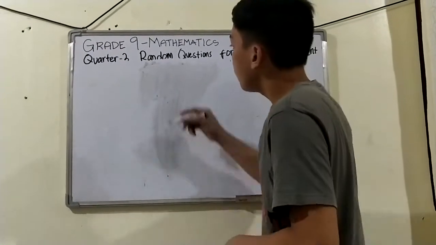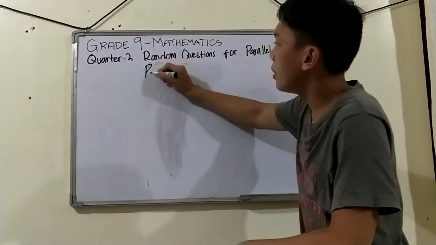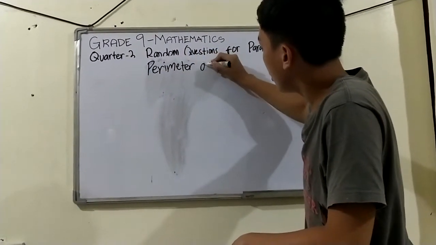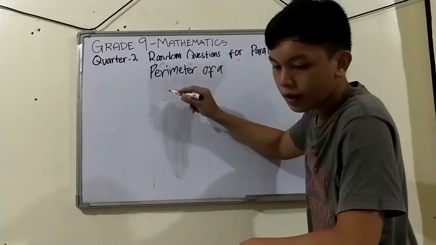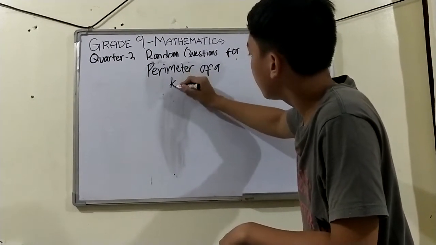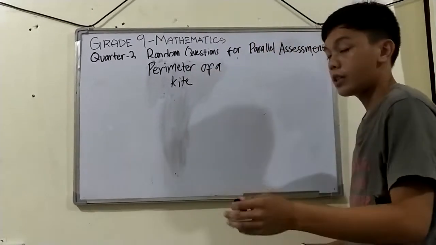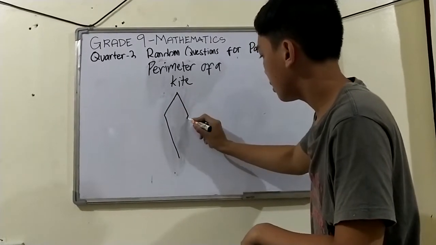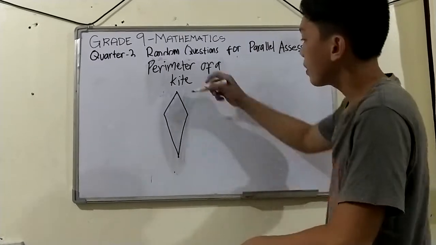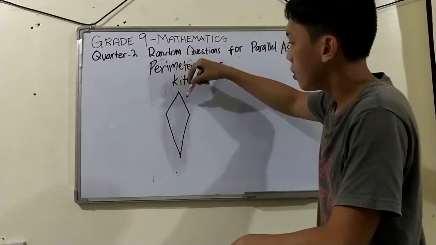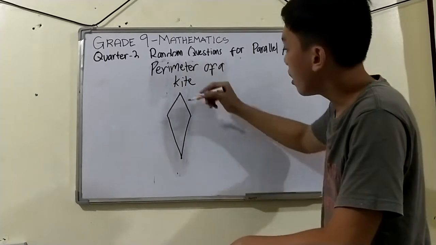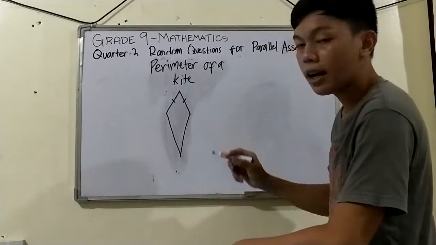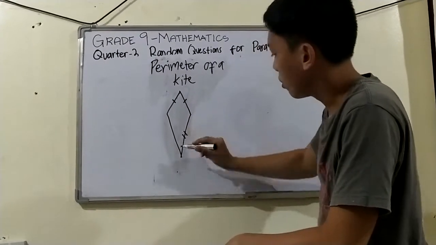So in our next problem, it is all about the perimeter of a kite. So we have here an example of a kite. So by definition, the head sides of a kite are congruent and the leg sides of a kite are also congruent.